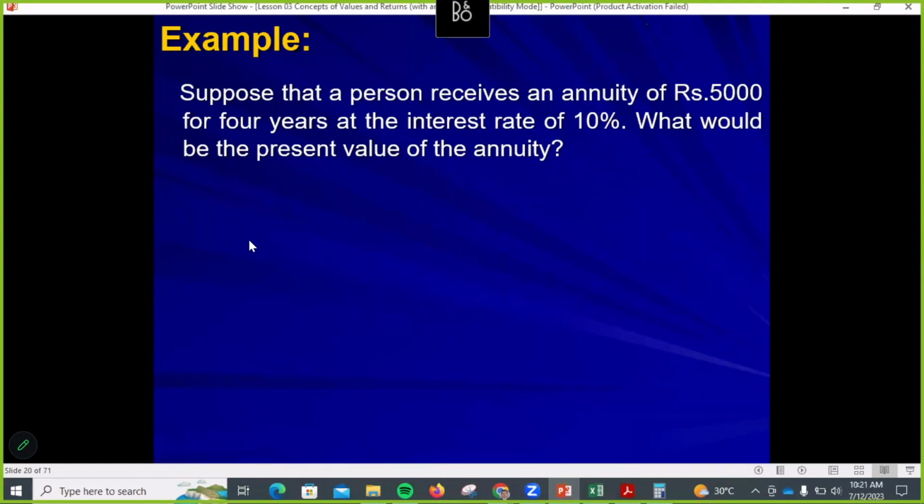So you can get 20,000 rupees, absolute money. You can think that after 4 years you can get 20,000, but the present value is not 20,000. It's below that 20,000.